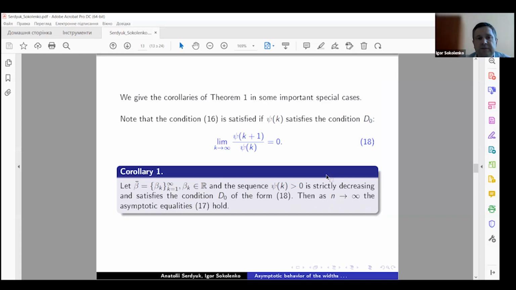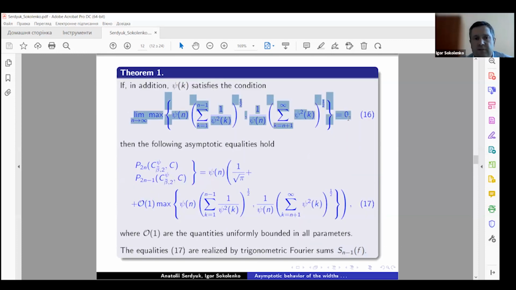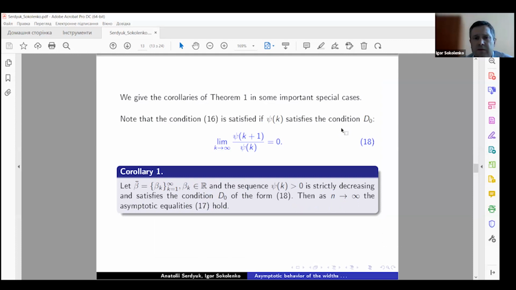We give corollaries of Theorem 1 in some important special cases. Note that condition 16, that this limit is equal to 0, is satisfied if psi(k) satisfies the D'Alembert condition D_0 of form 18.